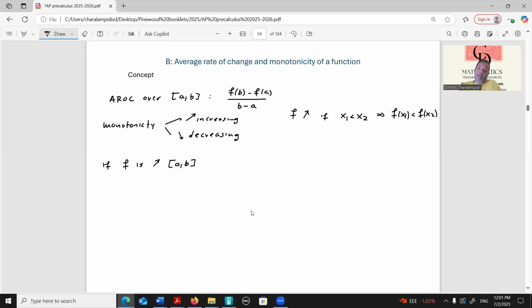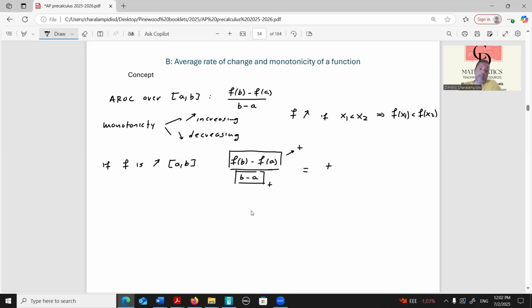That means that b minus a is definitely something positive. F(b) minus f(a) will also be something positive. So we have a quotient of 2 positive quantities, which means that the result should also be positive.